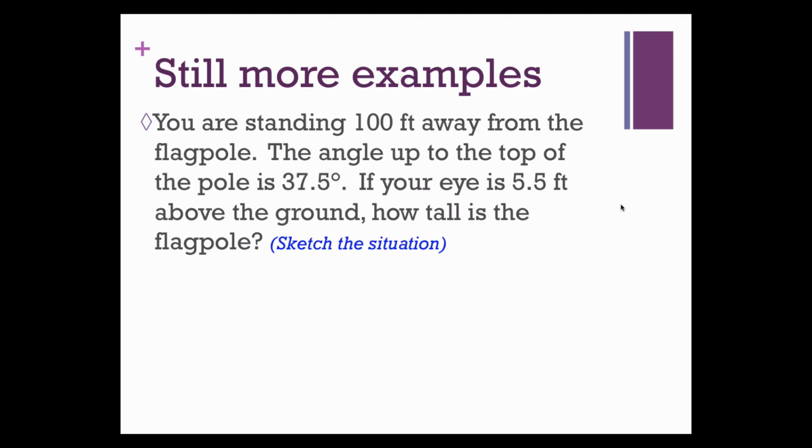And? Are they saying the angle is from the eye to the flagpole? Yep, up to the top of the flagpole, from your eye. What's the second assumption we're going to make?